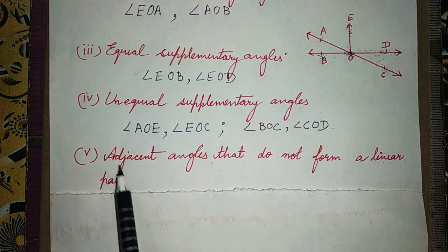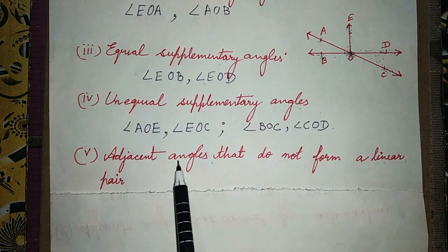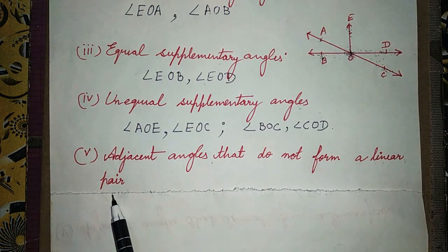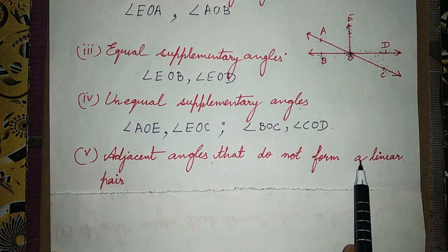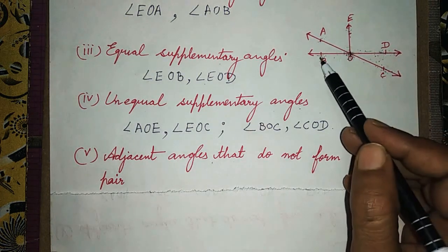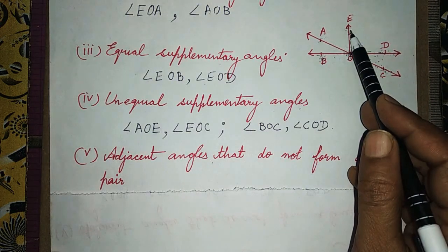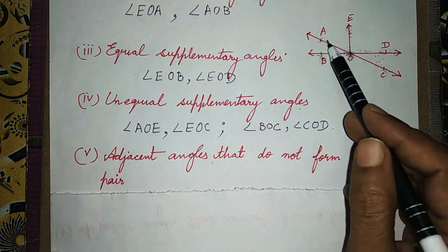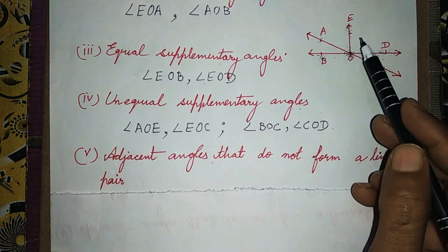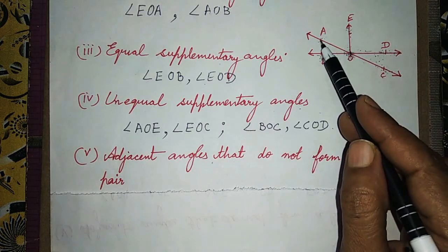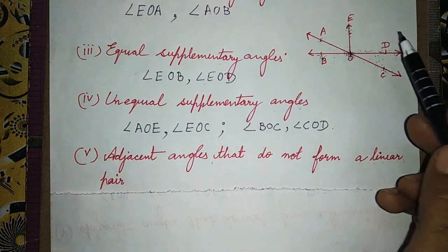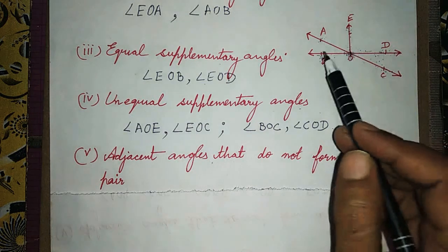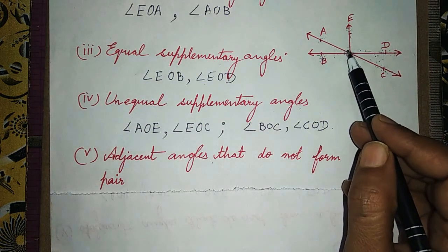Now see the fifth part of the question, adjacent angles that do not form a linear pair. For this part we can take angle AOB and angle AOE. Why can we take these two angles? Because these two angles are not forming on a straight line, and their sum is not equal to 180 degrees. So they are not forming a linear pair. But they are adjacent angles. Why?